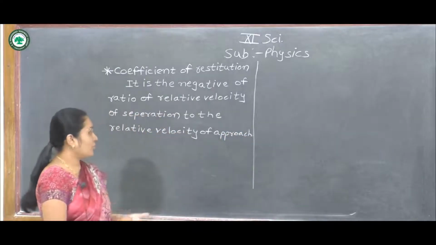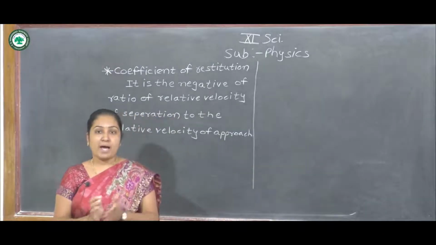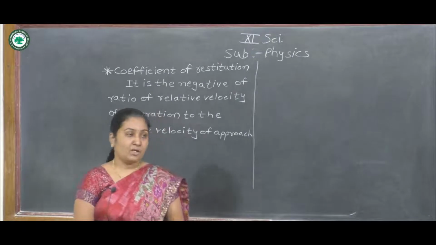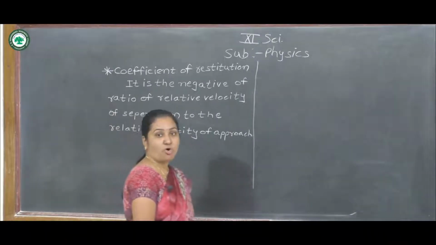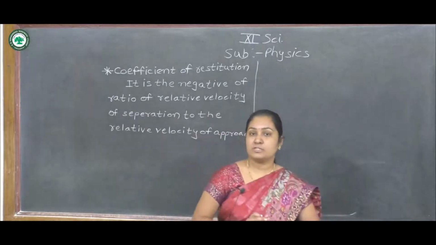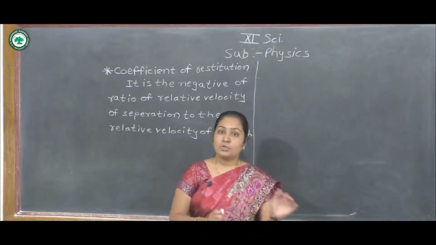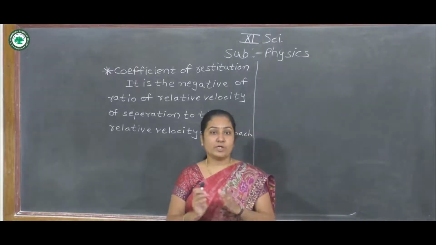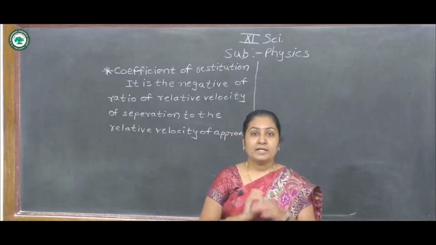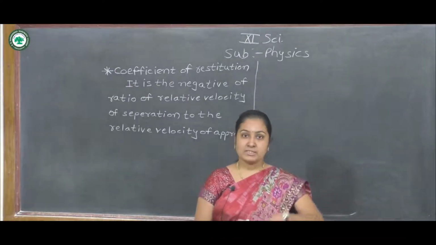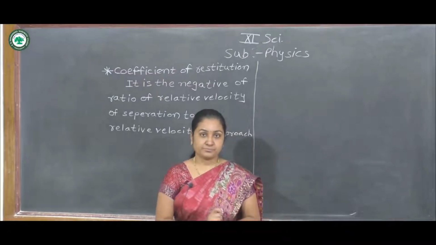So this is called the coefficient of restitution, and it is denoted by small e. It is the ratio of the relative velocity of separation after collision to the relative velocity of approach before collision, and the negative of this ratio is nothing but the coefficient of restitution.